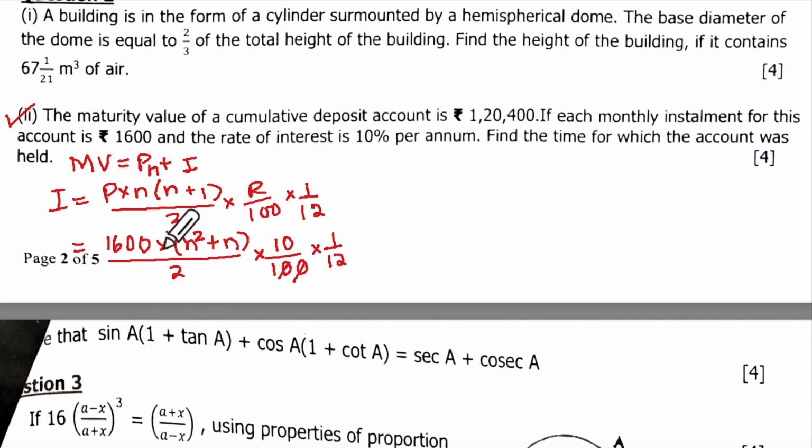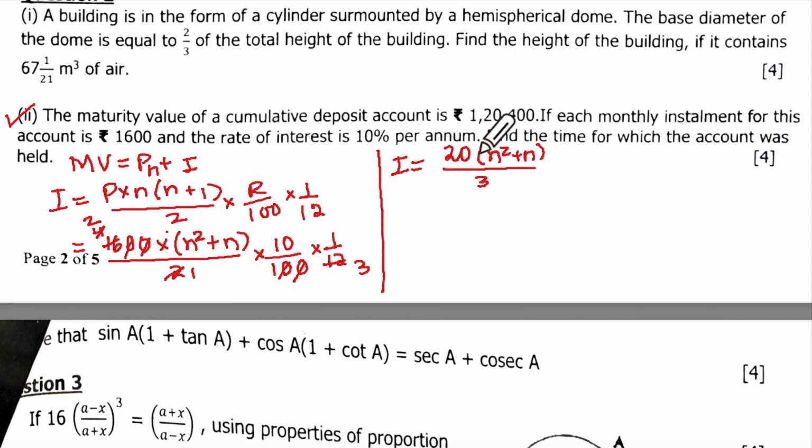Now let us cancel this, and we have 4 threes, 4 fours, 2 ones, 2 twos. So we are getting interest equal to 20 into bracket n square plus n upon 3.